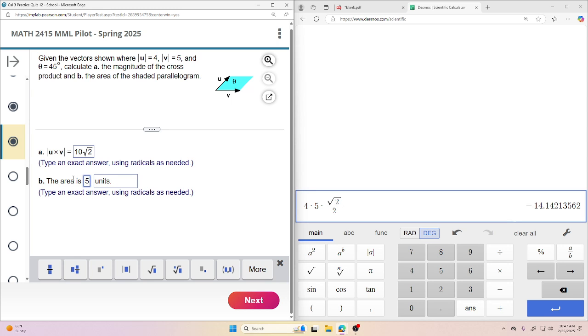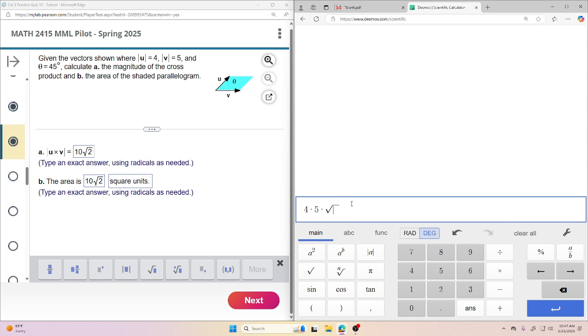No, parallelogram. Parallelogram is the same, isn't it? I don't recall seeing this here, but it's units squared, by the way. I don't remember seeing this, but you never know. Perfect. So technically, sine of theta. Good, and it's good to have it written down just in case.